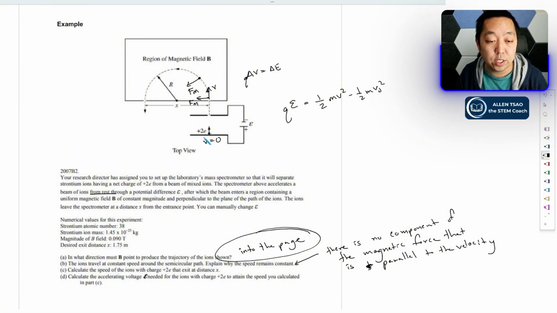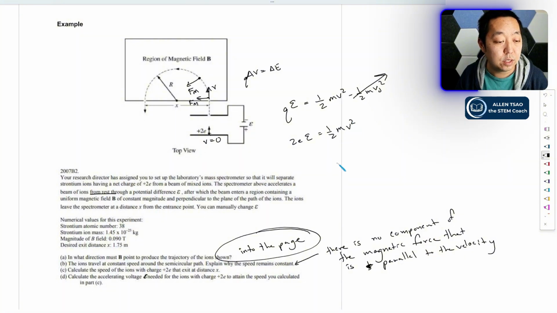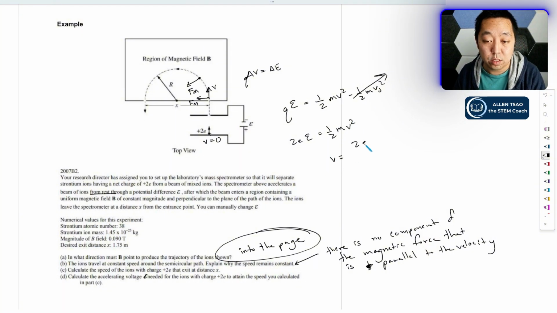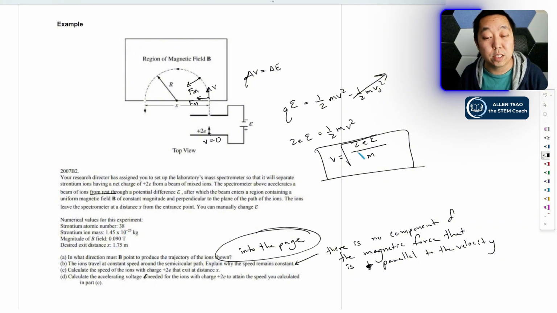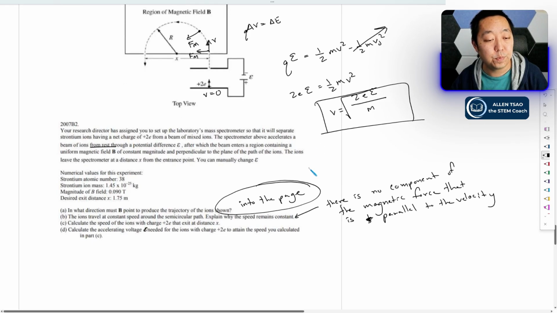But we start from rest here. So it's 2e epsilon is equal to 1/2 mv squared. So the velocity is going to be 2e epsilon divided by m and then square rooted. And I'm not going to plug in the numbers. You can just plug in the numbers into there. That's fine. I'm just going to put it in terms of the letters that are given here.